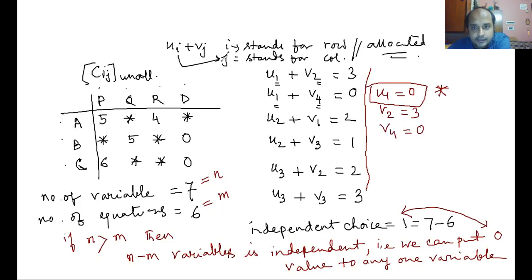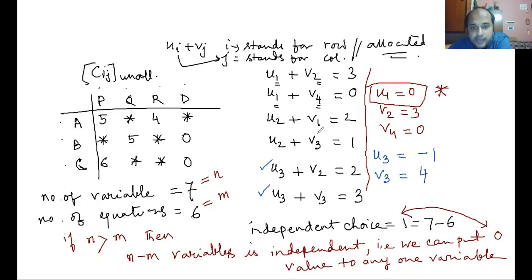Next, you have got V2. So now V2 is here, V2 is there. So if you put V2 equal to 3 in this equation, you will get U3 equal to 2 minus 3, that is minus 1. And now you have got U3, so you can put your value of U3 in this equation, minus 1, and your V3 will come as 3 plus 1, that is 4.